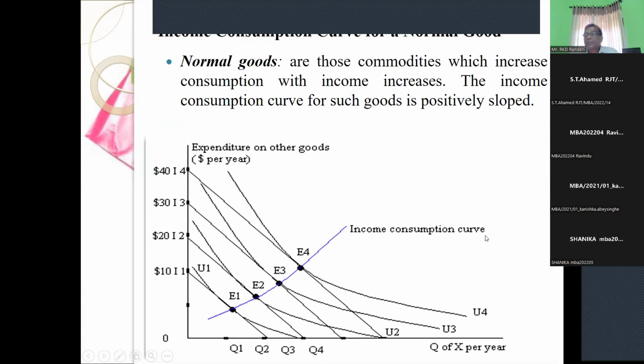Right now, this is the income consumption curve. Then how to derive the income consumption curve, ICC? The other things are constant, especially the price of the two commodities is constant. The consumer income is increasing. Right? Then you can join these equilibrium points. Then you can derive the ICC. Right?